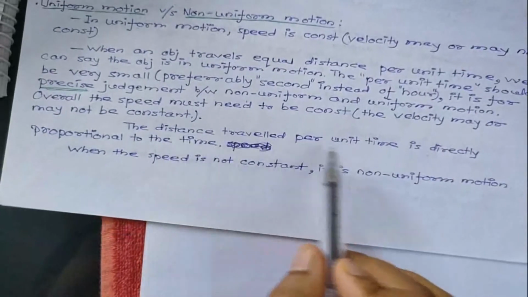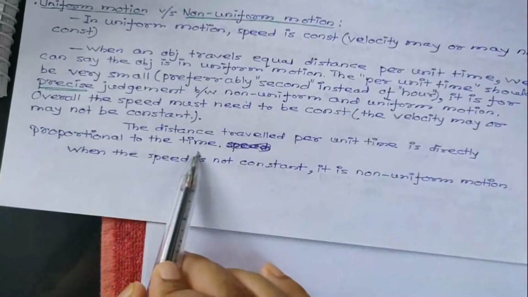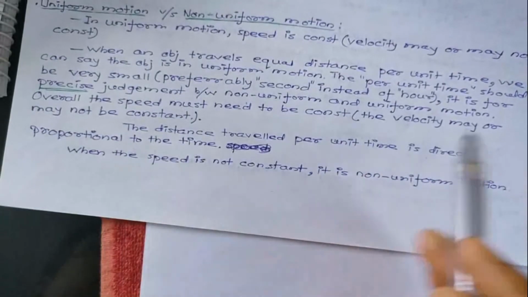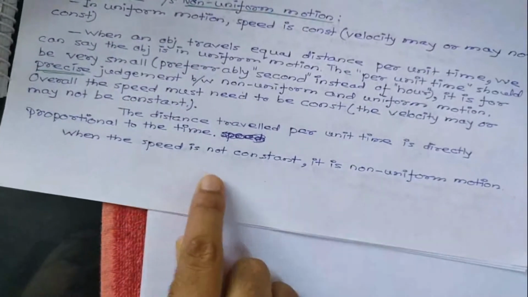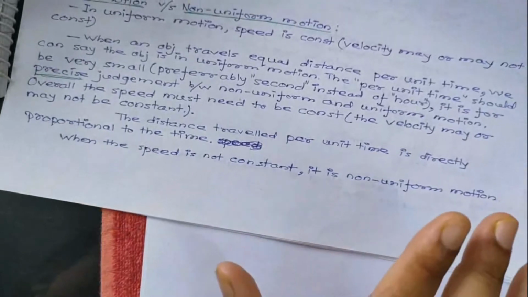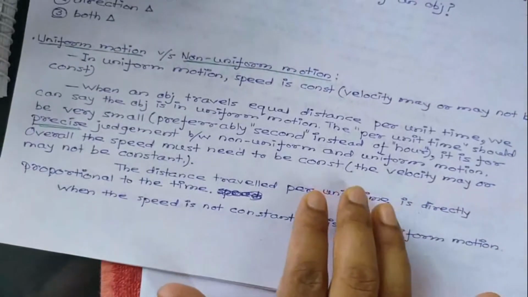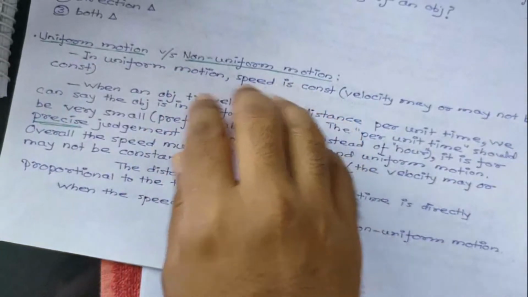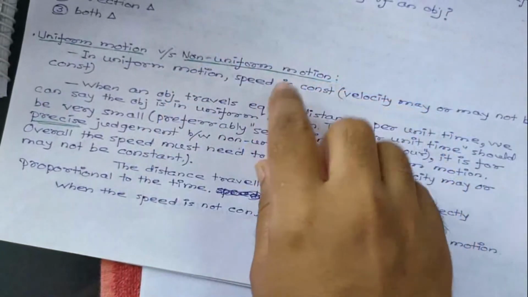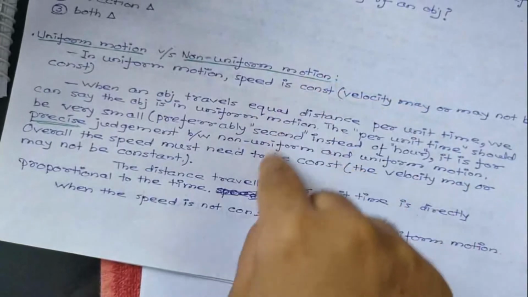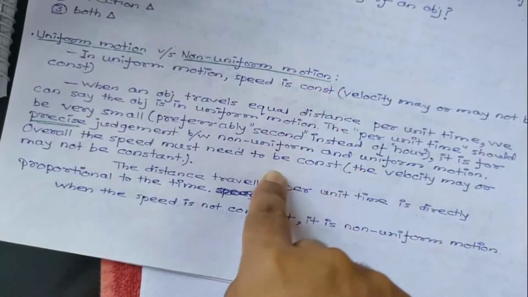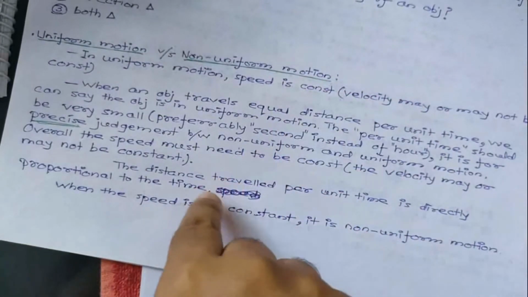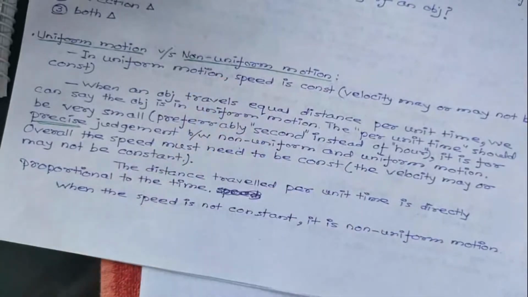The distance traveled per unit time is directly proportional to the time, right? So when the speed is not constant, it is called non-uniform motion. It is as simple as that. So we are done with uniform motion and non-uniform motion. So going forward, this concept will be used thoroughly. So have a good grasp on this particular concept.